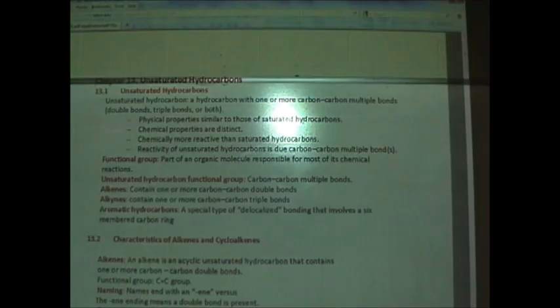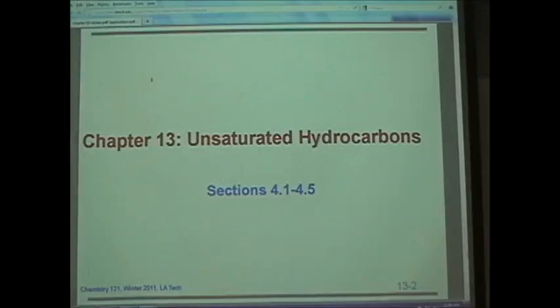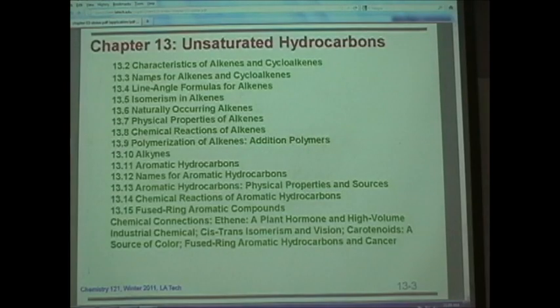Now, you understood some characteristics of unsaturated hydrocarbons. Before we get into problems, let me go through this a little bit. Relevant questions. Like alkanes, we can have unsaturated alkenes, alkynes, and cycloalkenes.